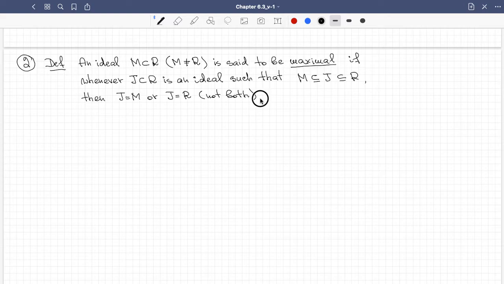For an obvious reason, M and R are not the same.